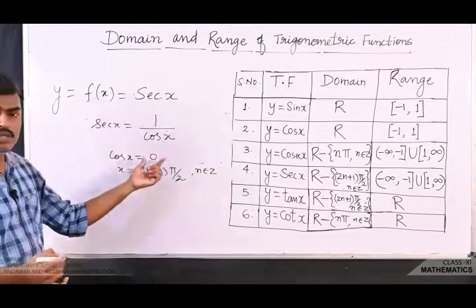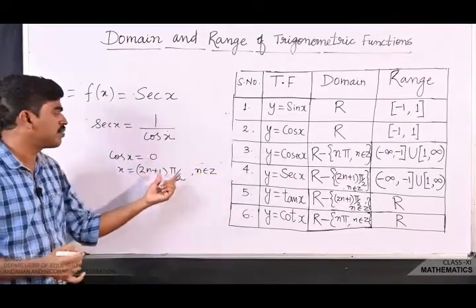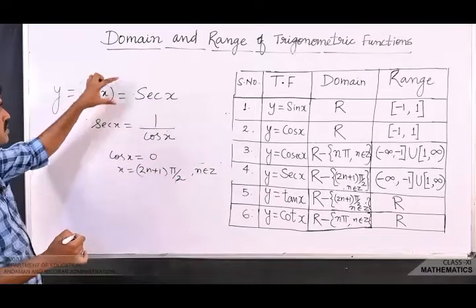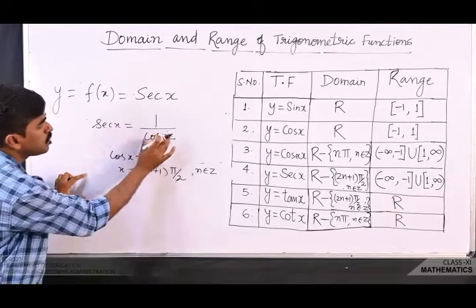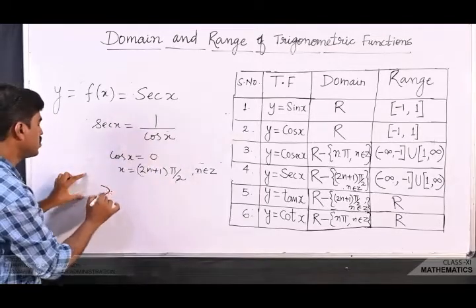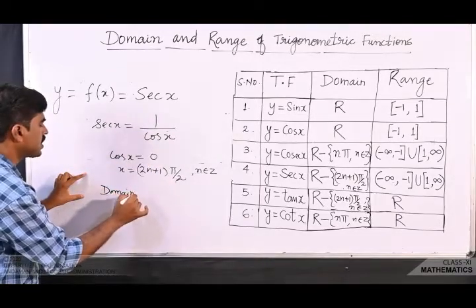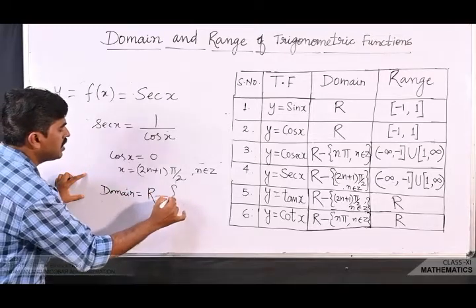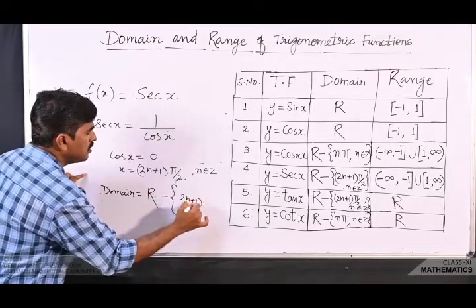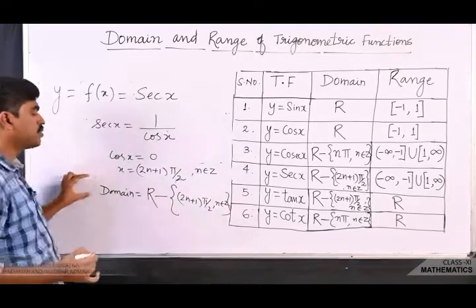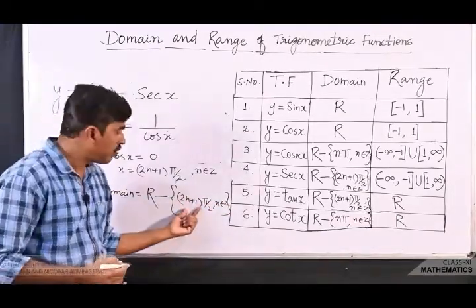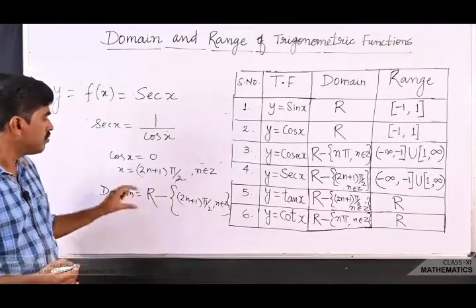So cos x is equal to 0 if x is an odd multiple of pi by 2. So for sec x to be defined, x should not be equal to 2n plus 1 times pi by 2. So the domain of sec x is the set of real numbers minus 2n plus 1 times pi by 2, where n belongs to Z. So we have to subtract all odd multiples of pi by 2 from the set of real numbers.